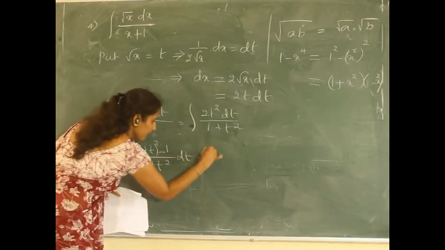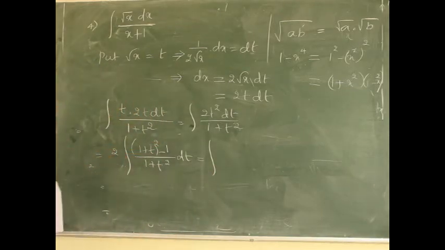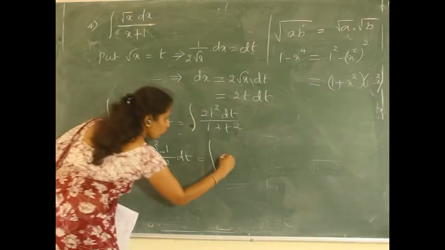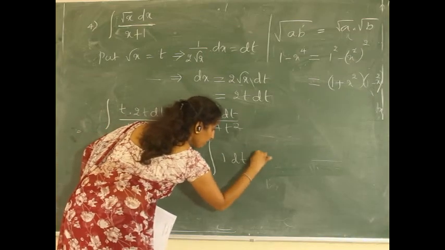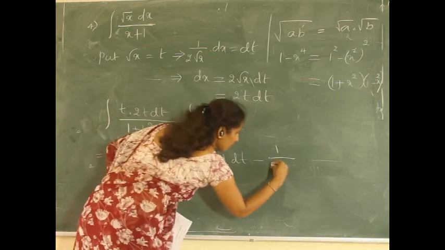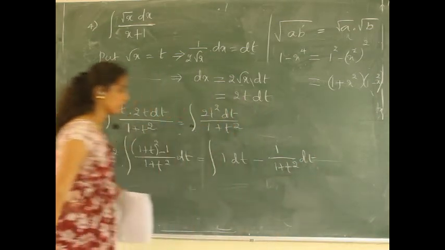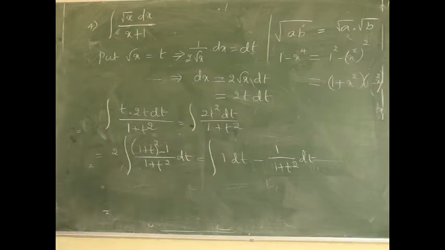So this will be integral of, 1 plus t square divided by 1 plus t square becomes 1. So 1 dt minus 1 by 1 plus t square dt. The integral of 1 is t because it is with respect to dt, so it is t minus, the integral of 1 by 1 plus t square is tan inverse t.